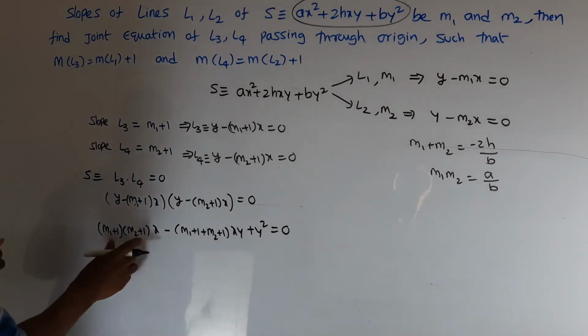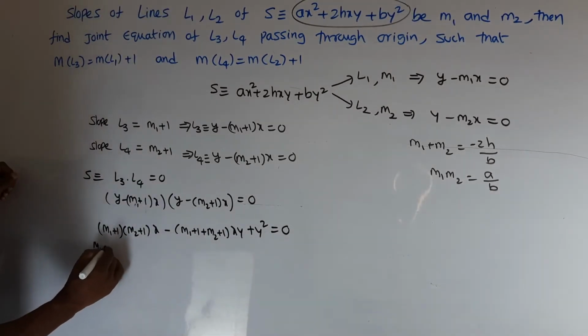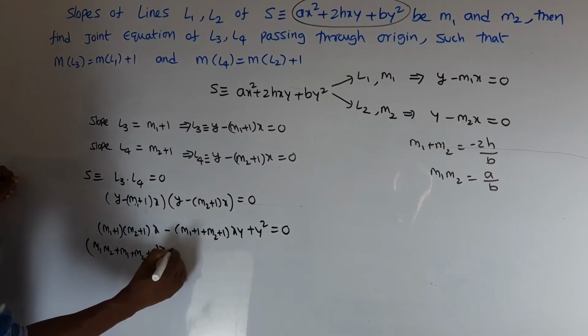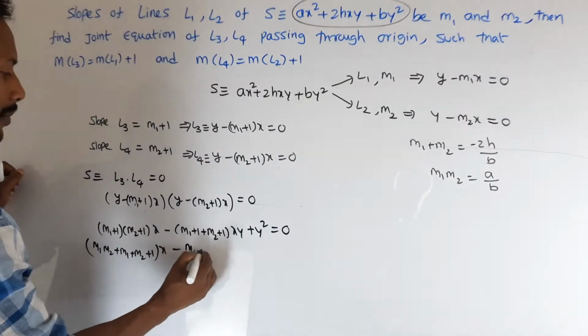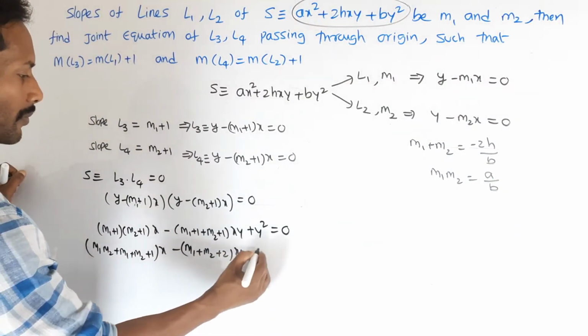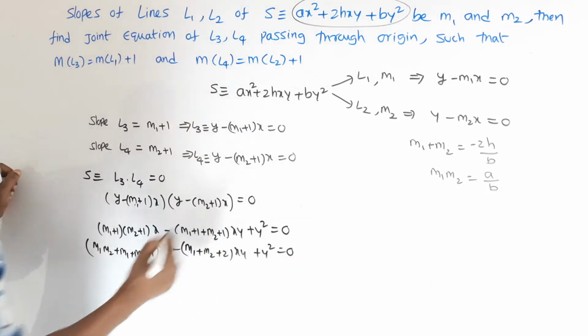So the product is m1 into m2 plus m1 plus m2 plus 1 into x square, minus (m1 plus m2 plus 2) into xy, plus y square equal to 0.